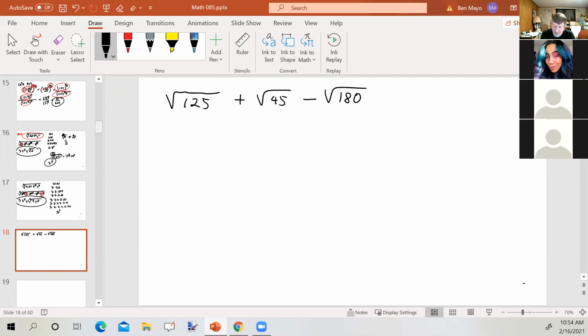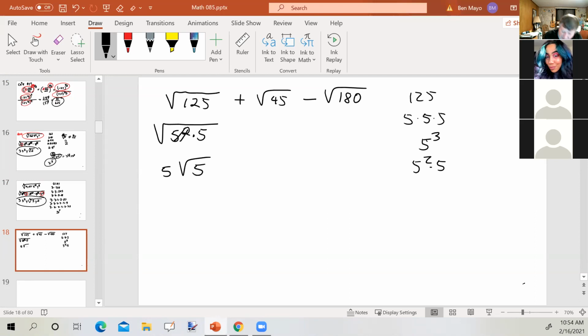So I want to take 125 and break it down into square roots and leftovers. So I'm going to rewrite 125 as 5 squared times 5. The square root of 5 squared is 5 on the outside, and I have 5 inside the radical.